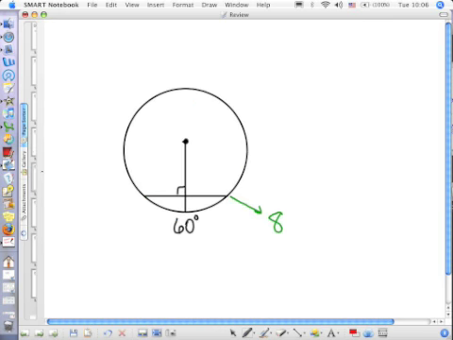All right. In this picture, let's see if we remember. If a radius of a circle is perpendicular to a chord, what does it do? It bisects the chord and it bisects the arc.